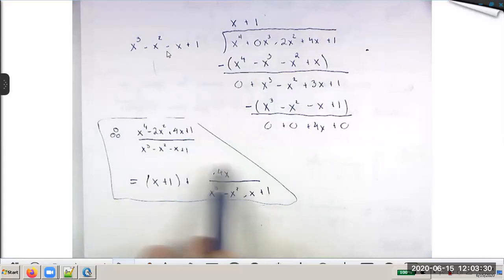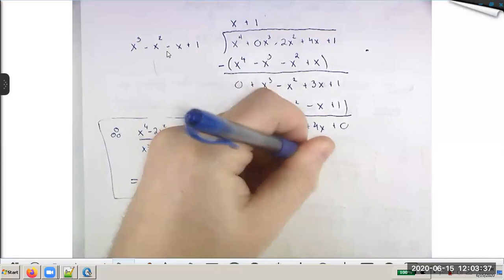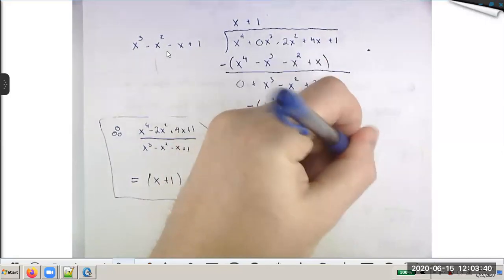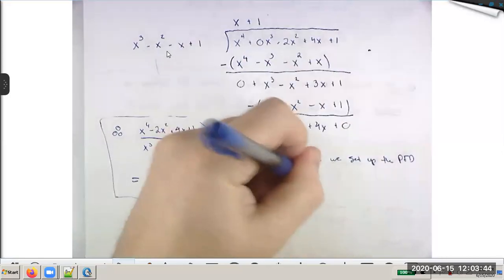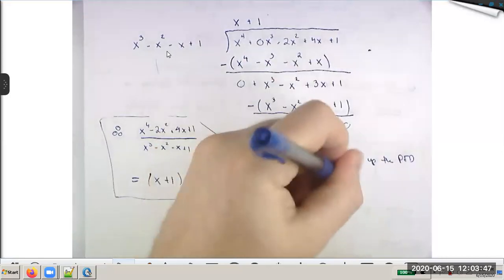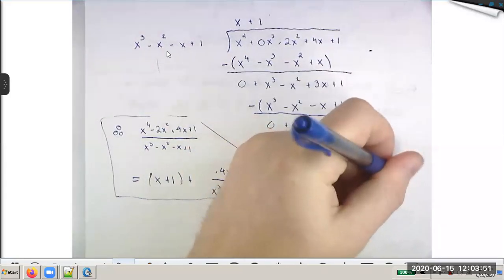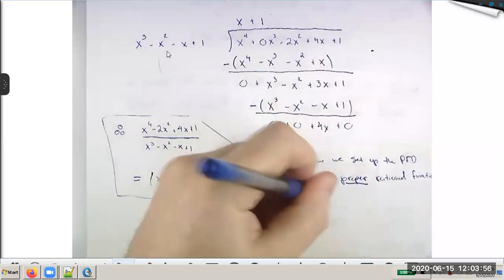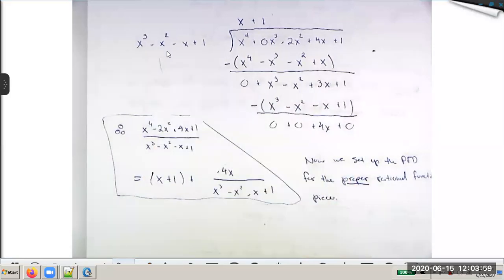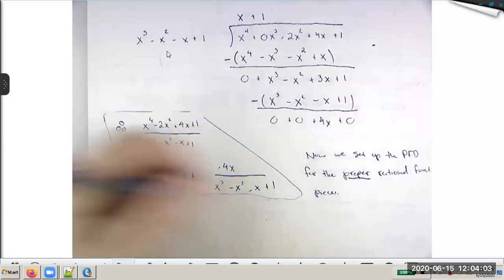So now I come off to the side and I do my PFD just for this piece. So now we set that up. That means I'm going to need to factor the denominator.